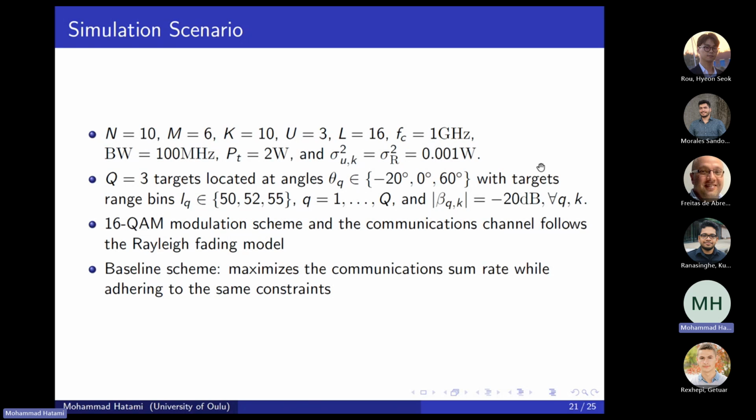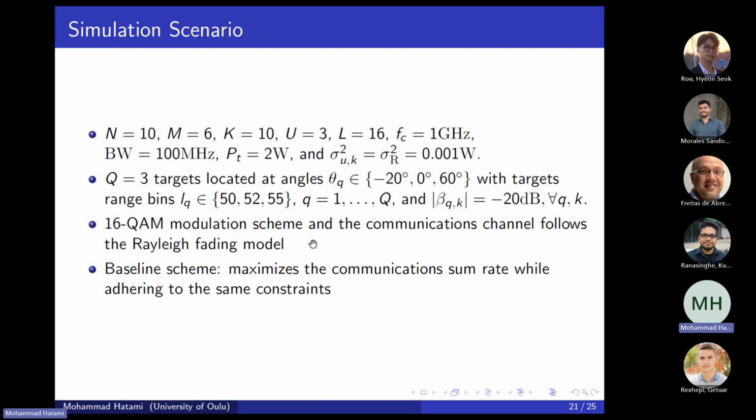And you can see the rest of the parameters here. And we also consider 3 targets located at these angles and these location beams. And regarding the communication, we consider 16 QAM modulation scheme and Rayleigh fading model for the channel.